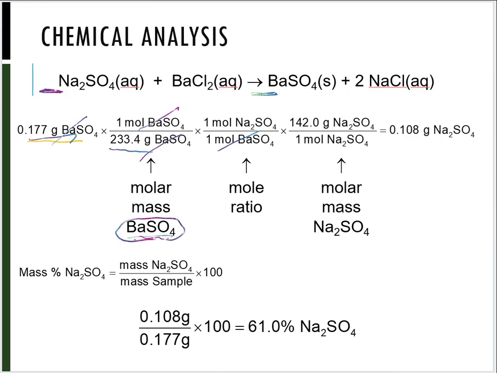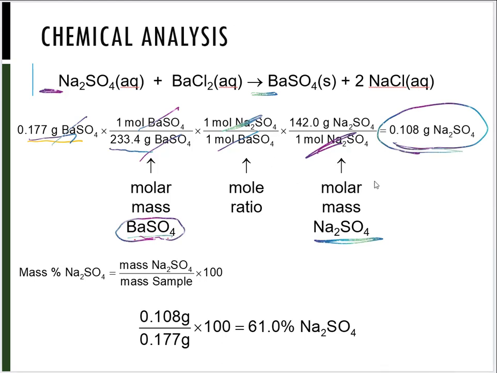So make sure that your 1 for barium sulfate is on the bottom. And then I have to go moles to grams of sodium sulfate. Again, make sure that your 1 mole of sodium sulfate is on the bottom. The molar mass of Na2SO4 is 142. Go through, multiply across, divide going down, and we get 0.108 grams of sodium sulfate.